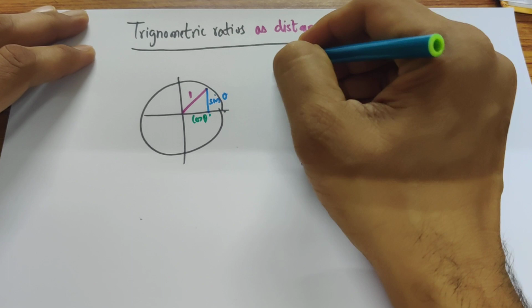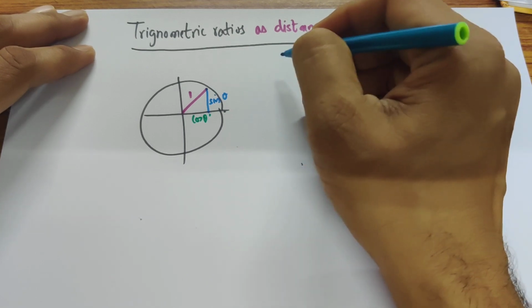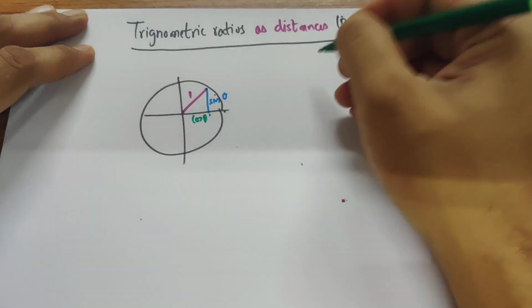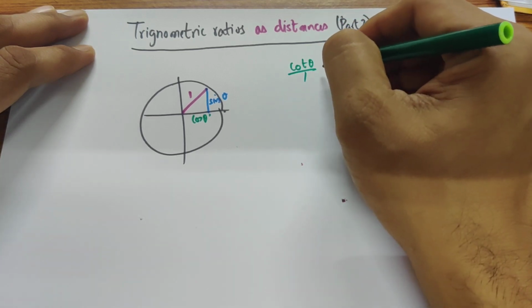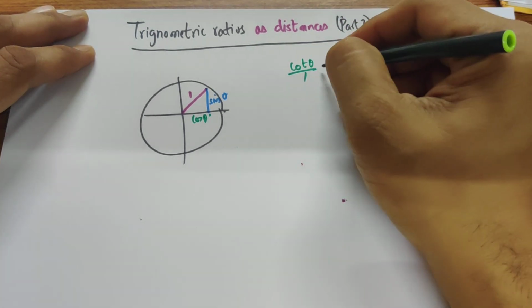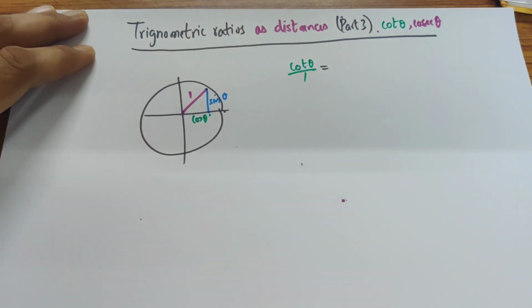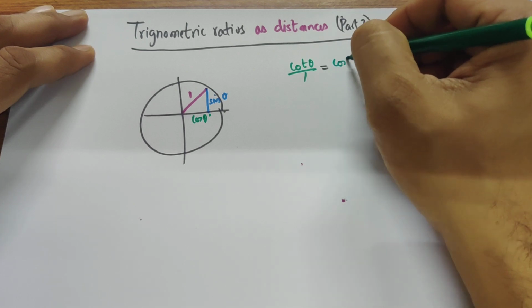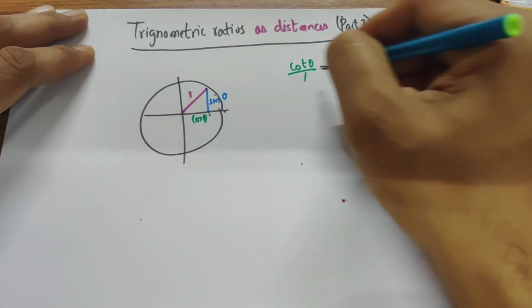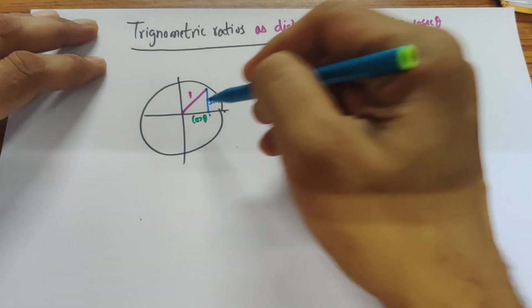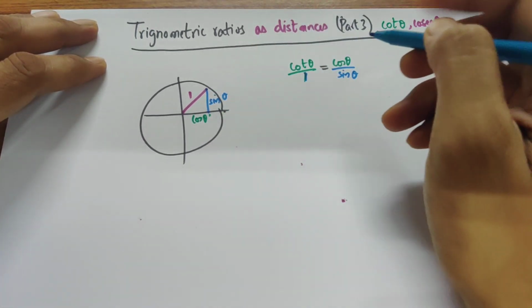Here, if I want to get cot theta, I take cot theta by 1. Why by 1? Because that's how the length itself will become equal to cot theta. So cot theta by 1 will be equal to cos theta by sine theta. So that means the height has to be equal to 1.